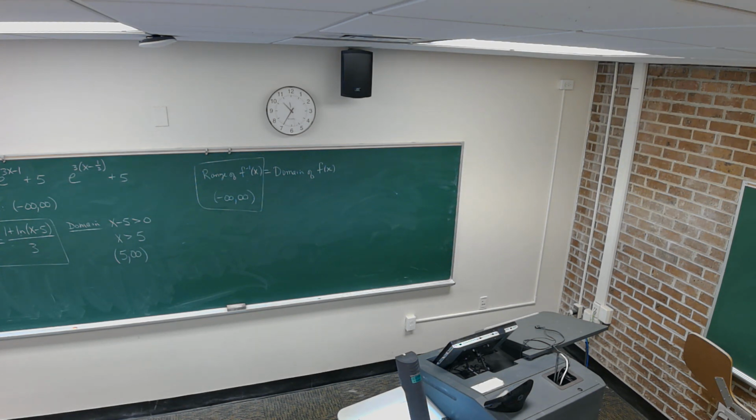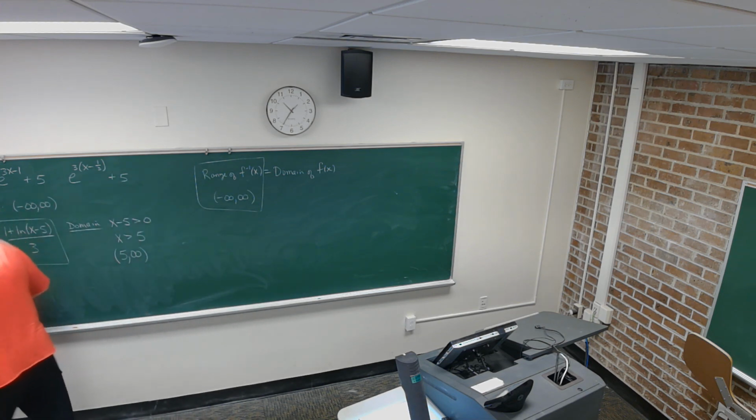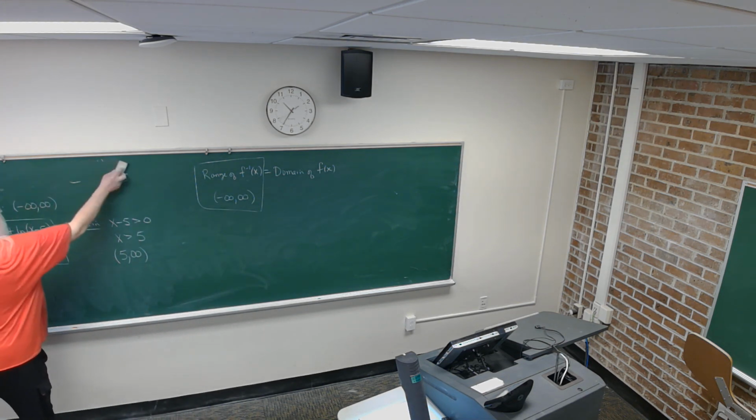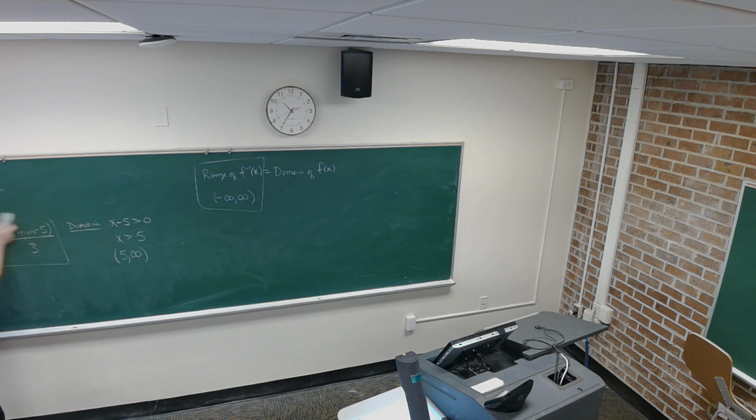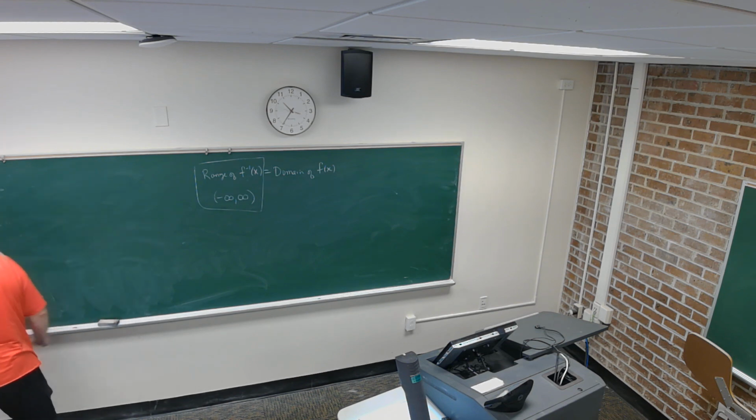All right, any other questions, ladies and gentlemen? Okay. All right, let's take a look at B. And now we're going the other direction. The one-to-one function is a transformation on the natural log function. And now we've got to find its inverse.